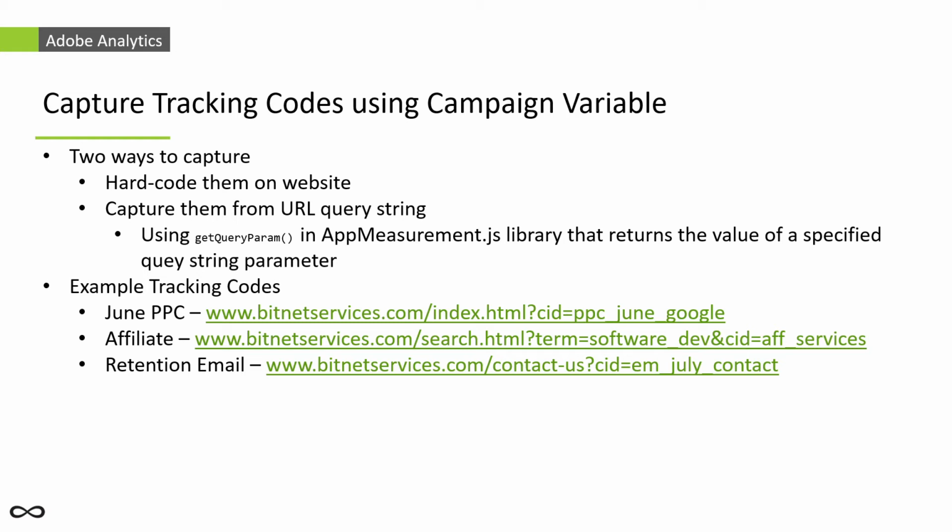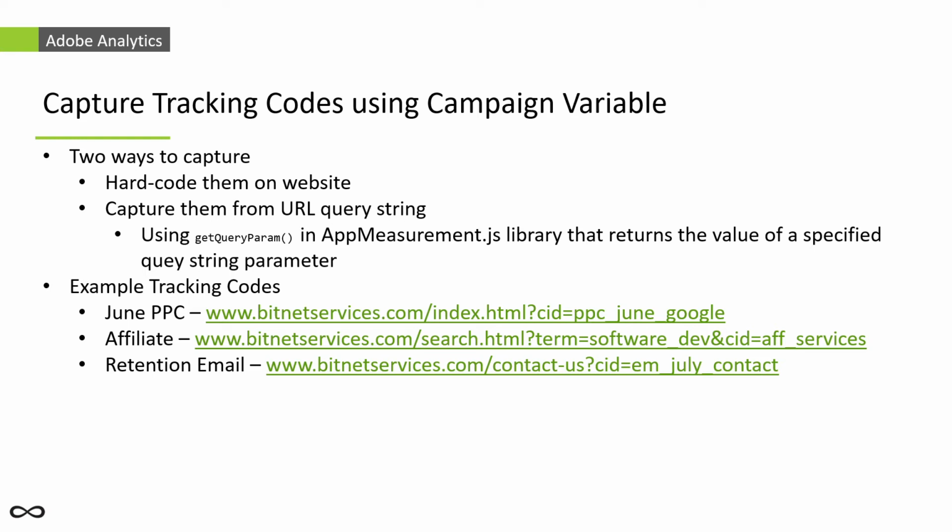As an example, you can have affiliates, a retention email, or even newsletters. So we have some sort of query strings at the end of the URL, or within the URL. This defines the complete URL. However, you have multiple query strings like CID, term, or a campaign ID as an example.